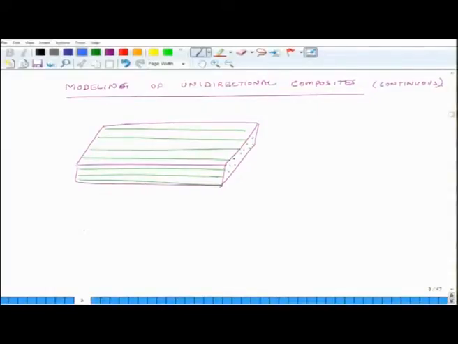So, when we talk about unidirectional composites, or a single layer which has fibers running only in one direction, the axis system which we refer to is always the material axes of the system. So, these are our reference axes, material axes.